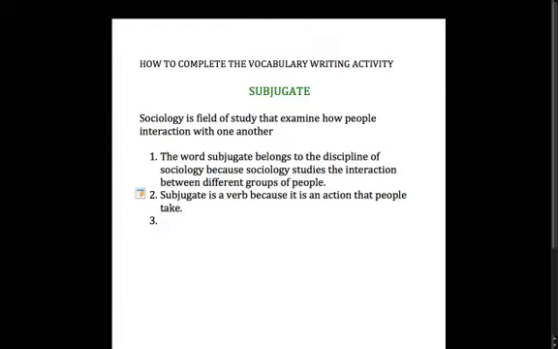Okay, let's go on to the third sentence that we need to write here, and that is simply the definition. I kind of think of this sentence as being two parts. One, the word that I'm defining means, and then the statement afterwards that actually gives the meaning. So subjugate means, and here's what I need to add: to bring.